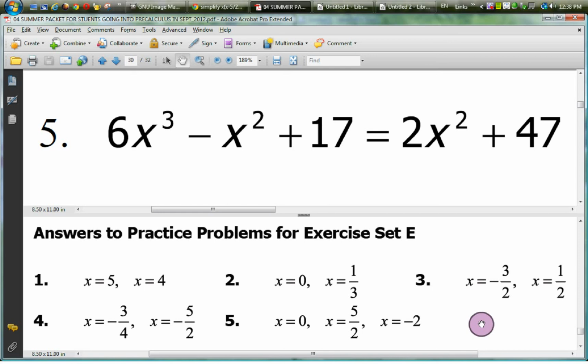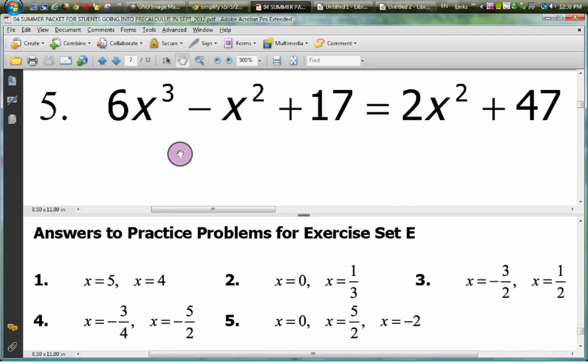So my recommendation is just to write in the x's here and here, and then solve it like so, and you will get the answers down here: x equals 0, x equals 5 halves, and x equals negative 2.